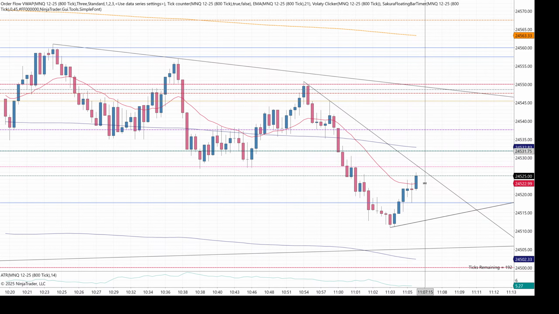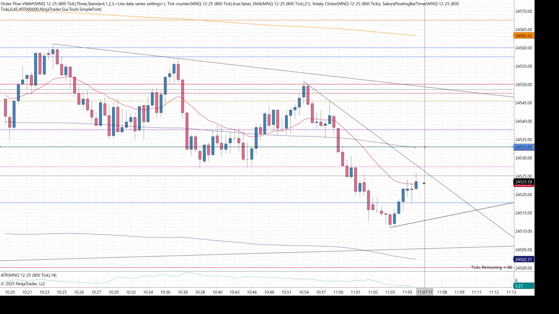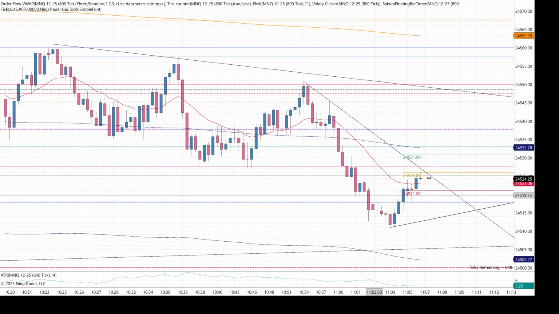It's up at 33 now. And then this bullish candle has this trend line in the way. So, I don't know. Gonna have to skip this one too.